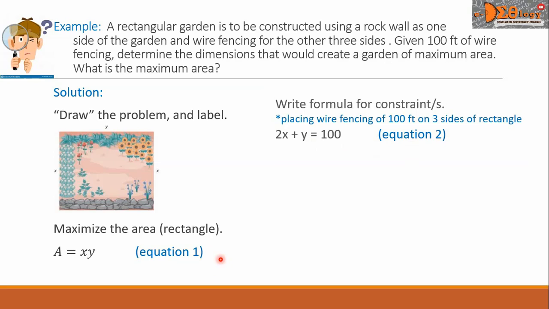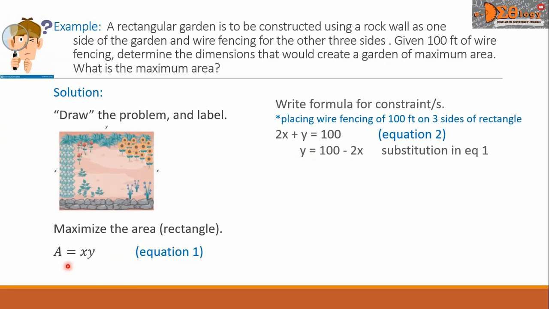Going back to equation 1, we can see that there are two variables on the right side. Our goal now is to make this formula of area in terms of one variable. So what we're going to do is manipulate equation 2 such that it becomes y equals 100 minus 2x. We isolated the y. And from here, we will substitute this y in terms of the variable x in equation 1.